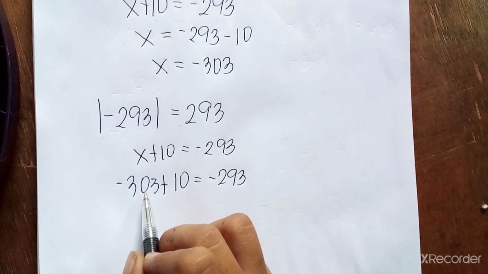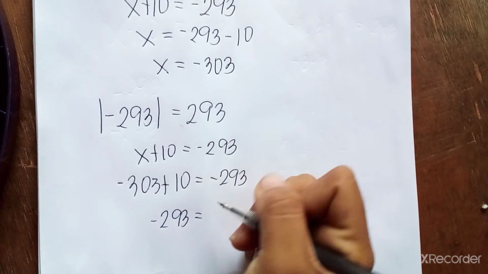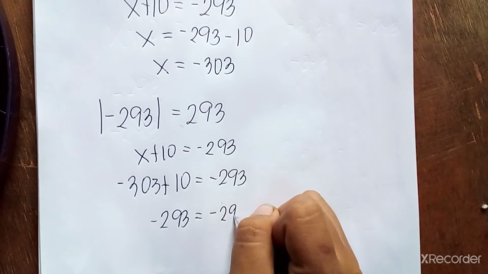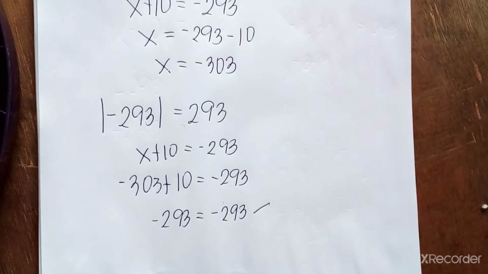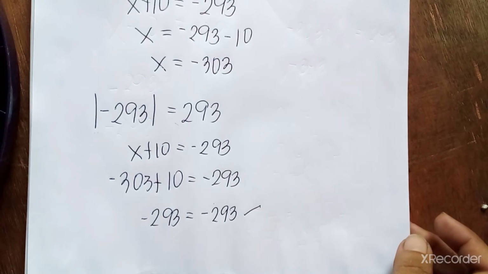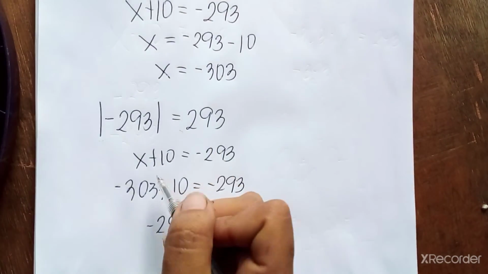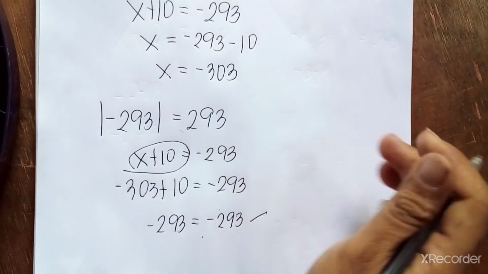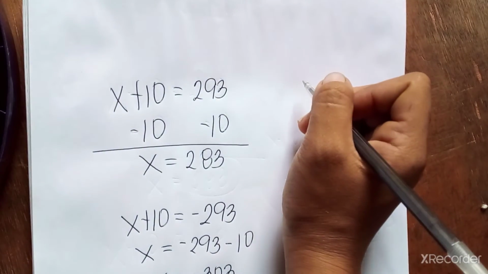Negative 303 plus 10, we have negative 293 equals negative 293. Check. So, if x equaled negative 303, then the equation would be true. So, there are two solutions to this equation.